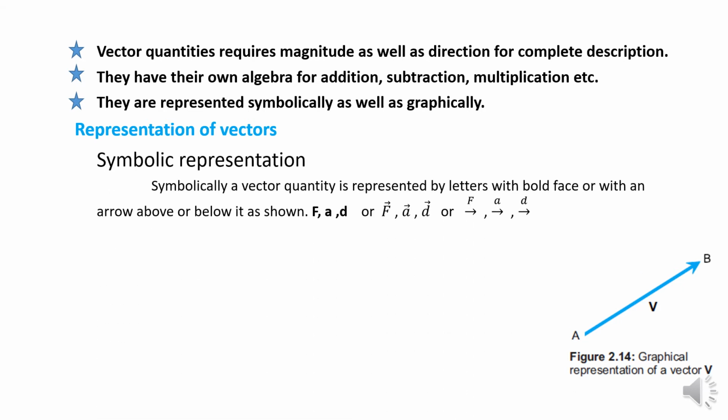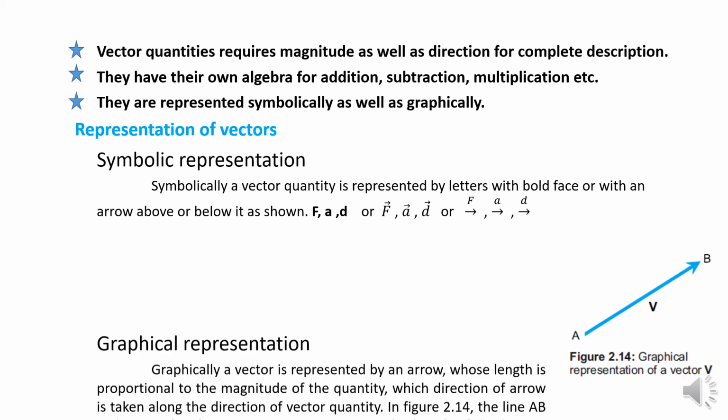Representation of vectors. Vectors can be represented in two ways. One is symbolical, the other one is graphical. Symbolically, vectors are represented by letters with boldface or with an arrow above or below them, just as shown here. For example, force, acceleration, and displacement can be represented symbolically with boldface or with arrows above or below them.